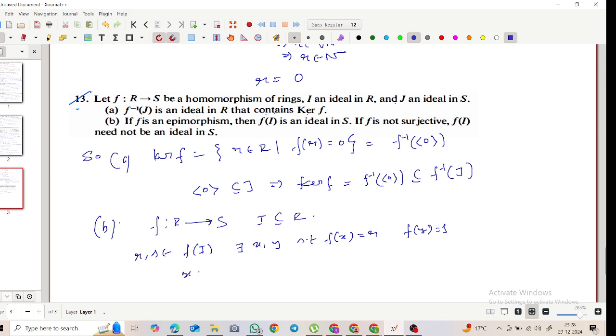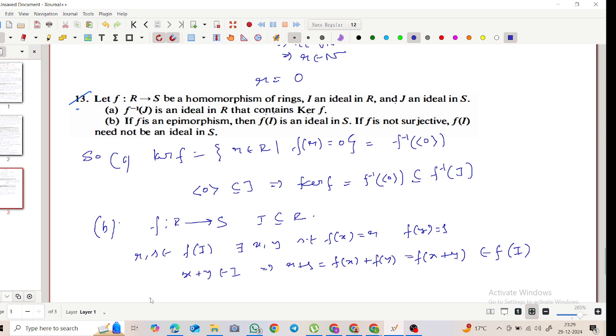So x plus y is in I, which implies r plus s equals f(x) plus f(y), which is equal to f(x plus y), which belongs to f(I), right?